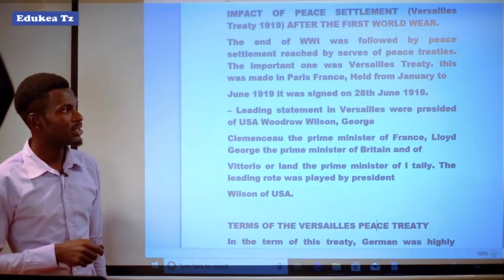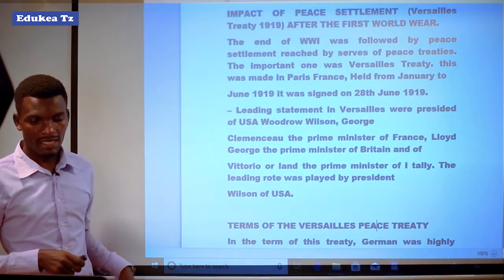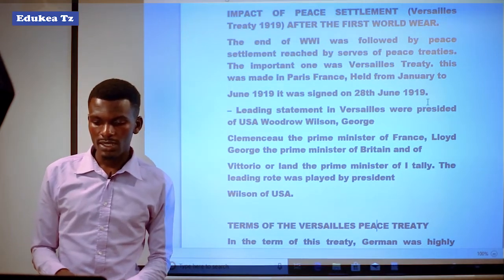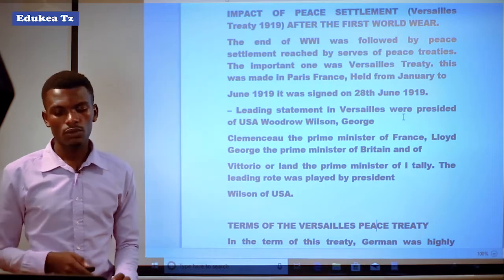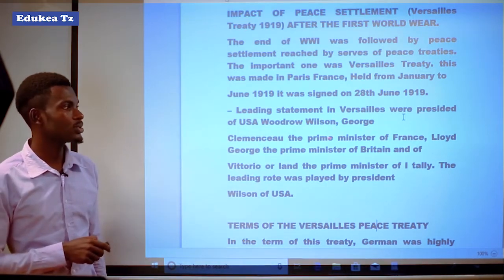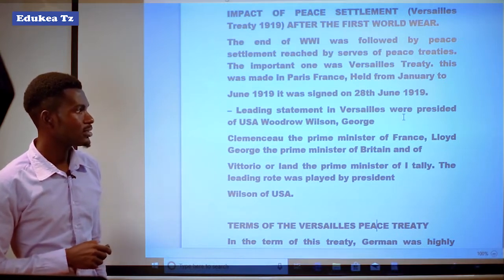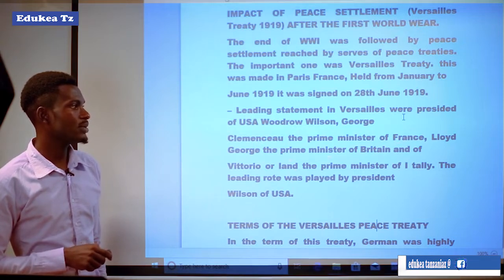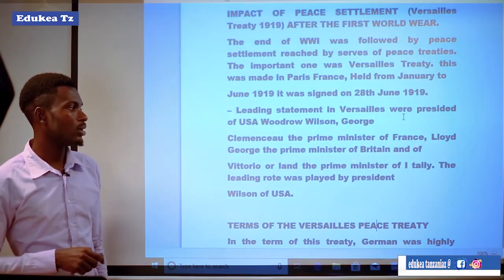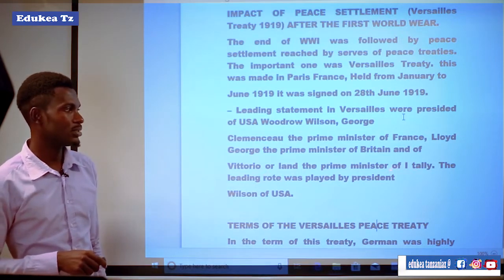The leading statesmen at Versailles were President Woodrow Wilson of the USA, Georges Clemenceau, the Prime Minister of France, Lloyd George, the Prime Minister of Britain, and Vittorio Orlando, the Prime Minister of Italy.